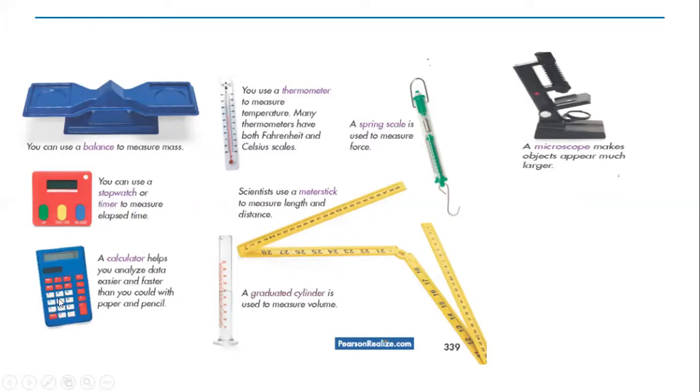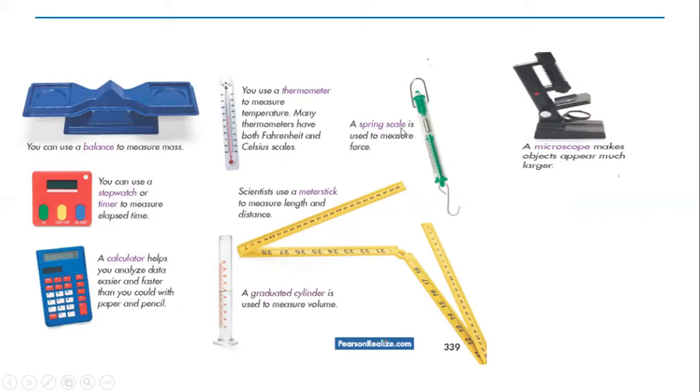To calculate your data faster than you use the paper and pencil. This is a thermometer. A thermometer measures temperature. Many thermometers have both Fahrenheit and Celsius degree scales.